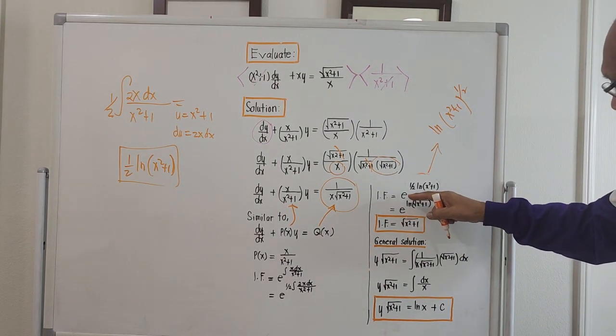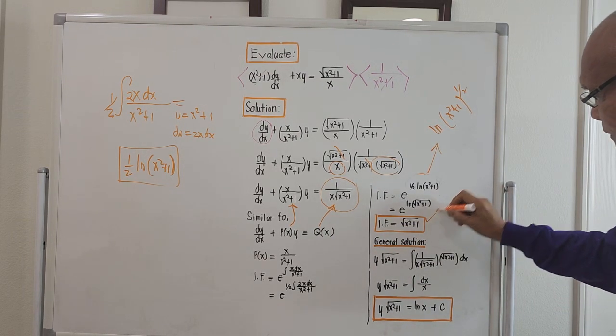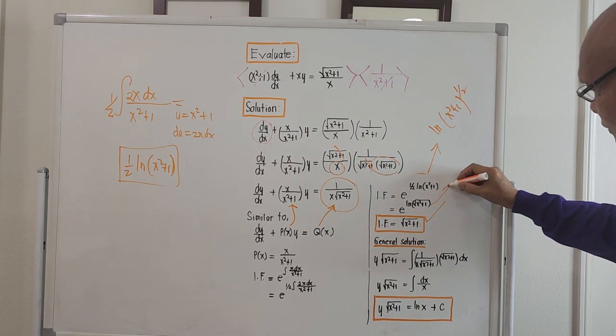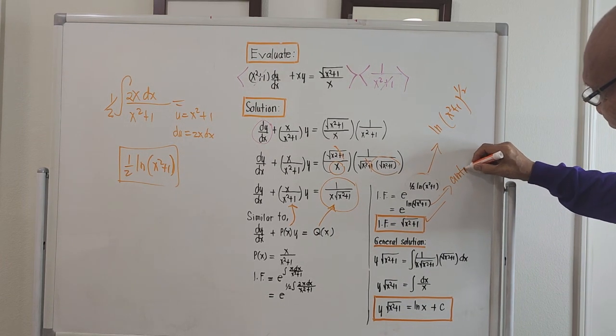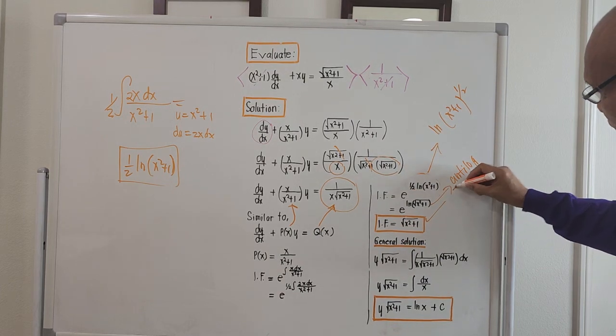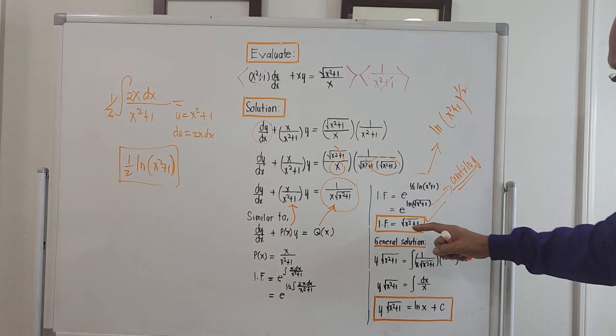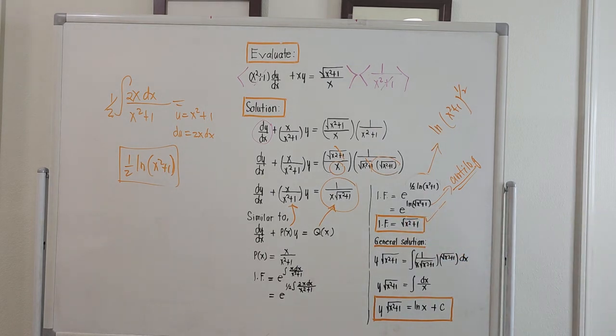And e raised to the natural logarithm of the given exponent is just the given exponent. This is antilog. So what comes out for the integrating factor will be the square root of x squared plus 1.